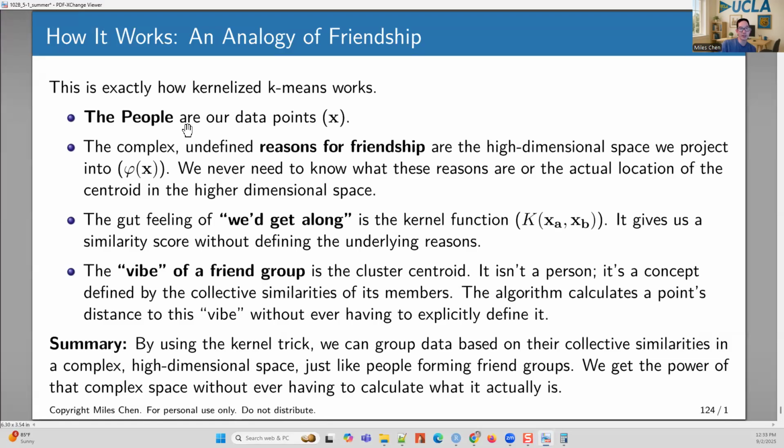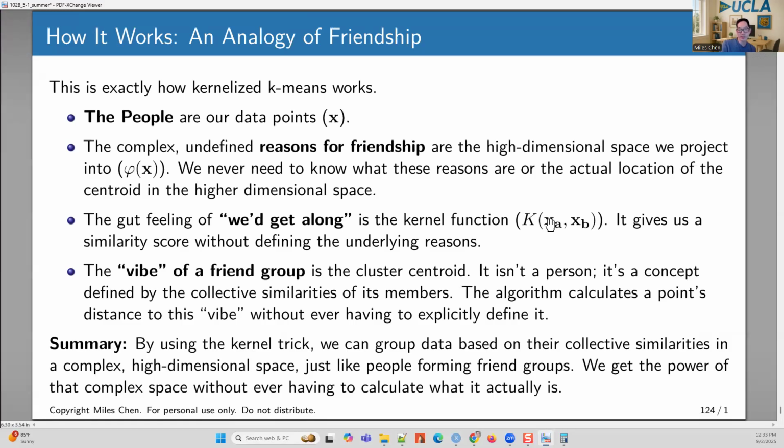And so the data points that we have, you can think of those as people, and the reason for friendship, of why the group exists, is like this transformation function that we don't really get to see or know.